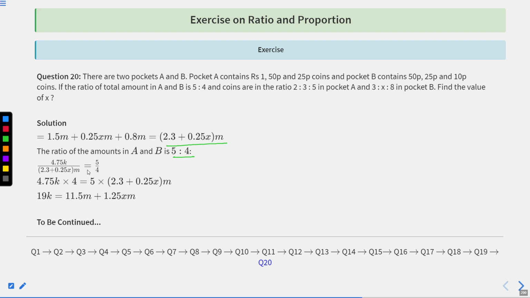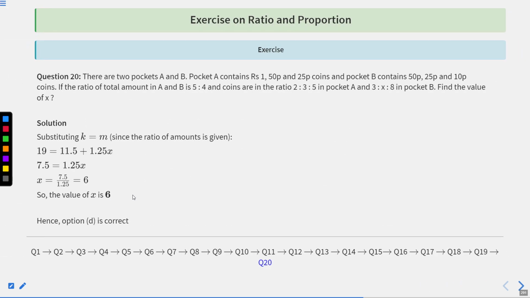So it will be 4.75k upon 2.3 plus 0.25x into m equal to 5/4. So 19k is equal to 11.5m plus 1.25xm. So substituting k equal to m, I'll have 19 equal to 11.5 plus 1.25x and x is equal to 6. So the value of x is 6. The option correct here is option D.